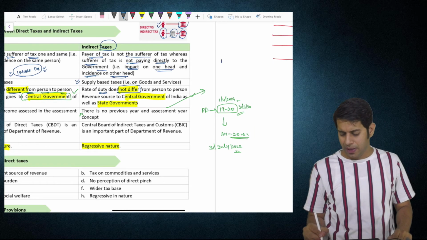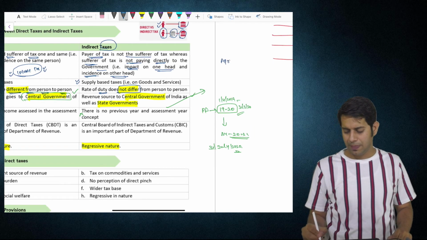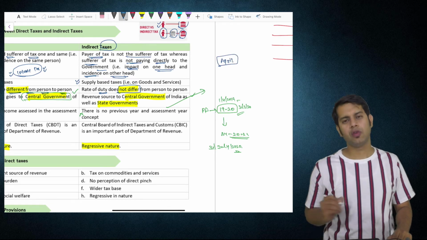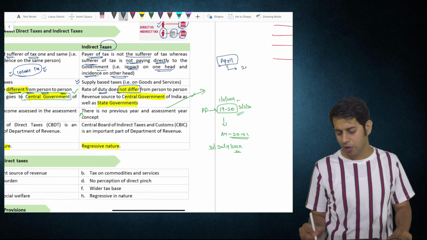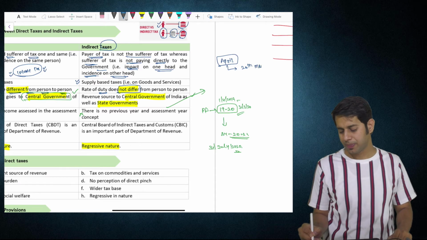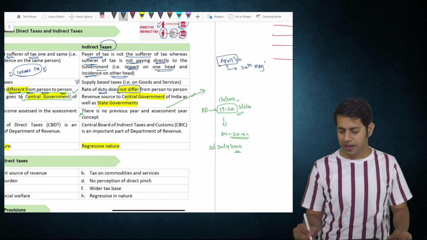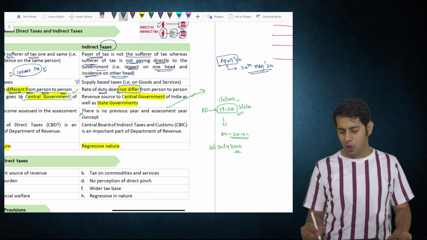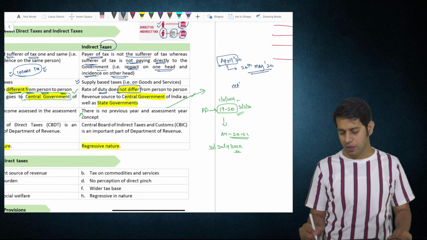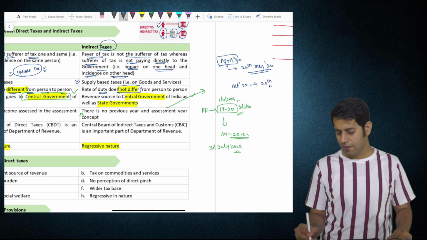Say, for example, we'll take an example of GST. If you make a sale in the month of April, you are required to make the payment of tax by 20th of May. Whatever sales is made by you in April 2020, pay the tax to me by 20th of May. Whatever sales is made by you in October 2020, pay the tax to me by 20th of November.